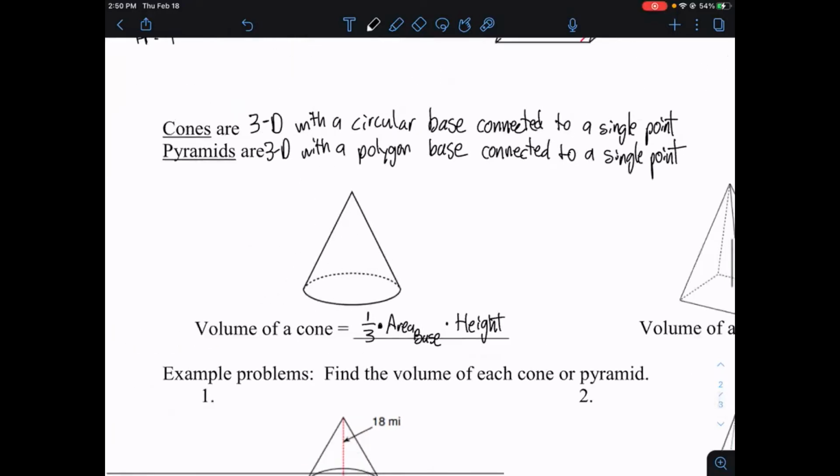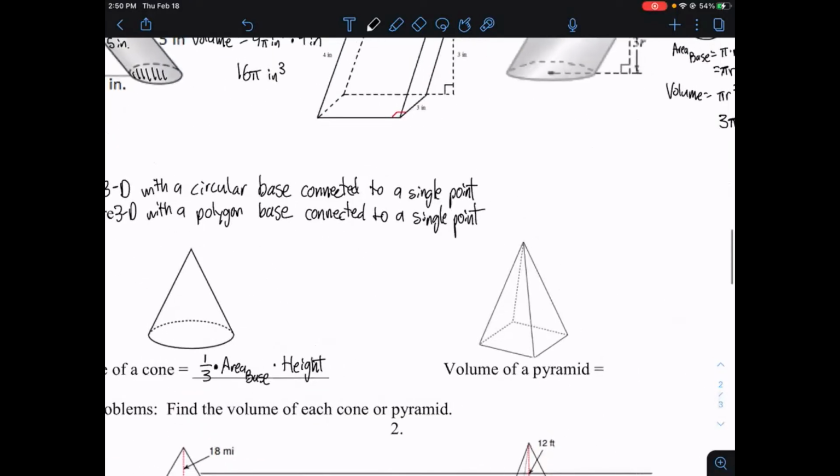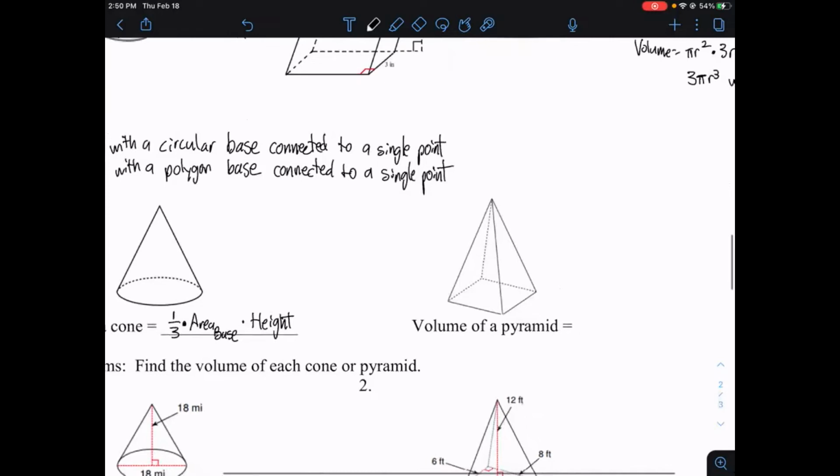And then we saw the pyramid work the same way, right? So the 1/3 needs to be there because it narrows, so it's not as big as the full shape. But then after that, you calculate it the same way.